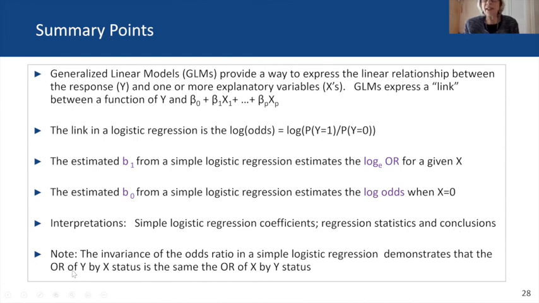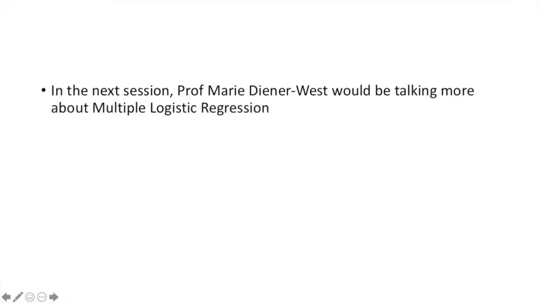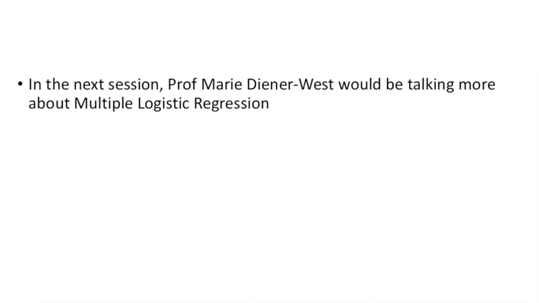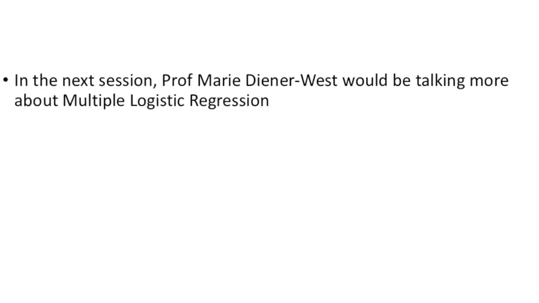And we noted that in a 2x2 table, there is a property of invariance of the odds ratio in a simple logistic regression in which the odds ratio of Y by the status of X is the same as the odds ratio of X by the status of Y. With this, we come to an end of the introduction to simple logistic regression.